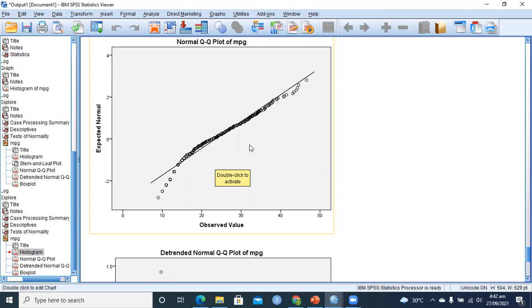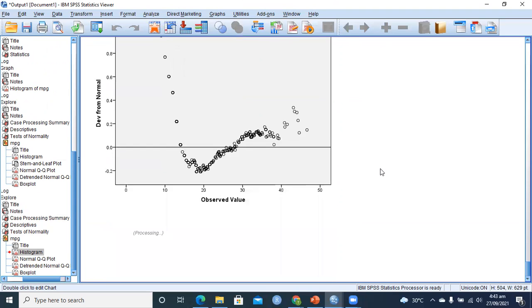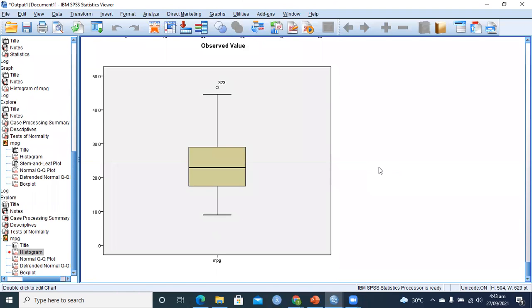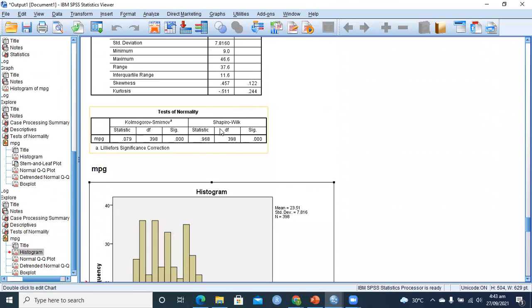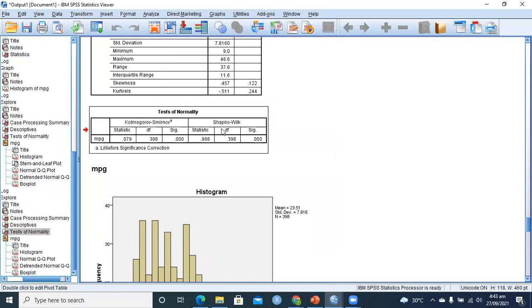If in the QQ plot all the points are not lying on that dark straight line, that means the data is not following a normal distribution. So based on this plot, the histogram and the normality tests, we can conclude that the miles per gallon variable in the auto.mpg dataset is not following a normal distribution.